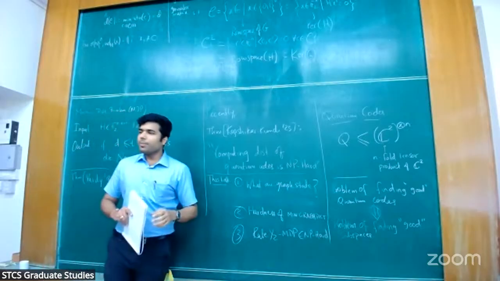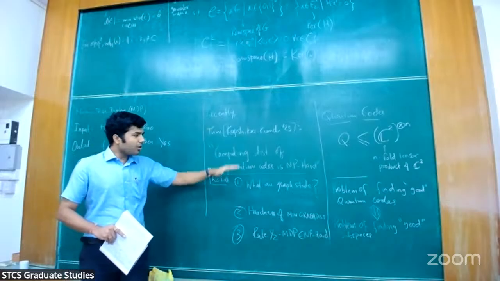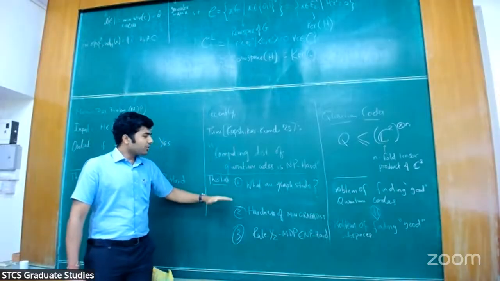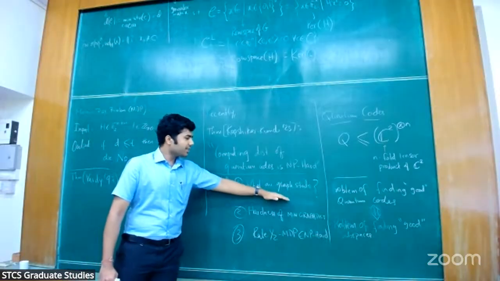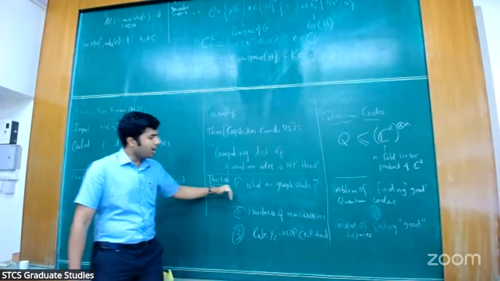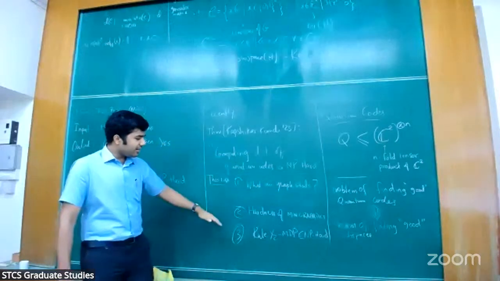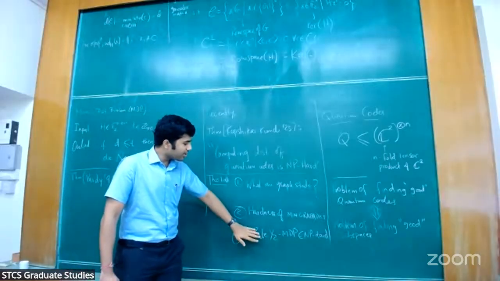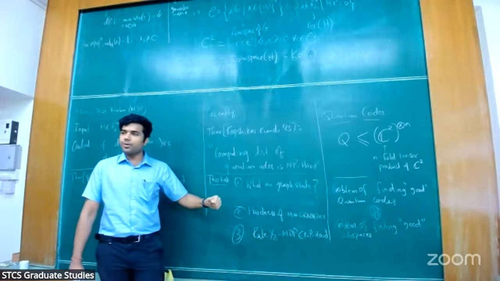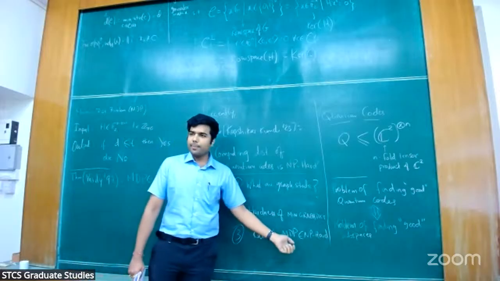So the outline of this talk is: I will be focusing on what graph states are, then I will talk about the hardness result of computing the distance of graph states. And at the end, as promised, I will also show that computing the minimum distance problem for rate half codes is NP-hard as well, if your universe contains only rate half codes.